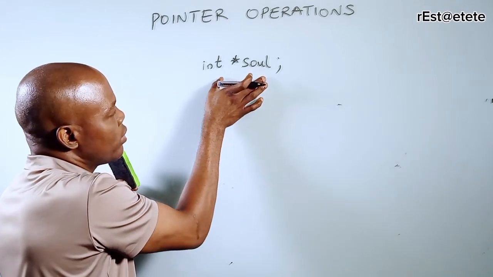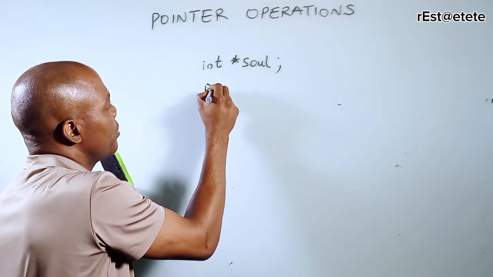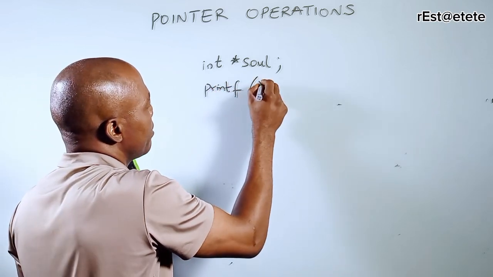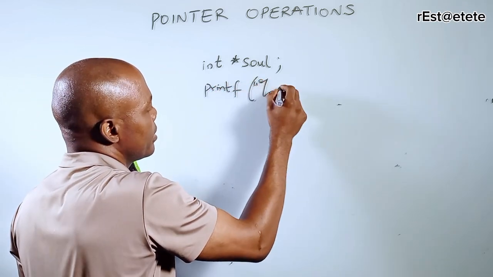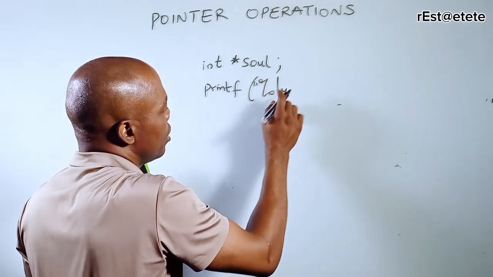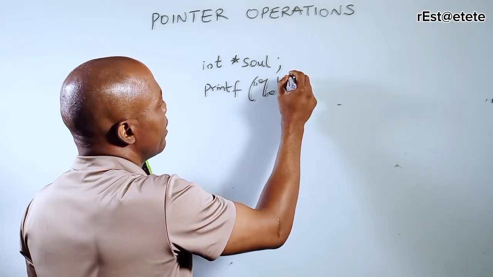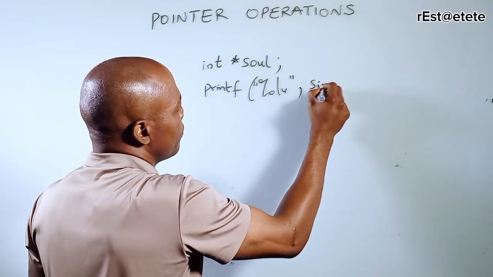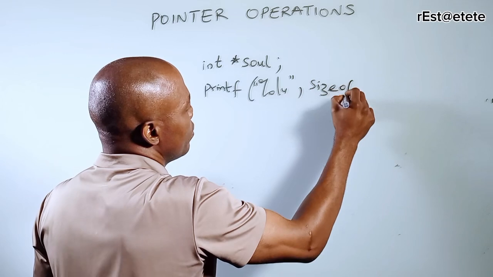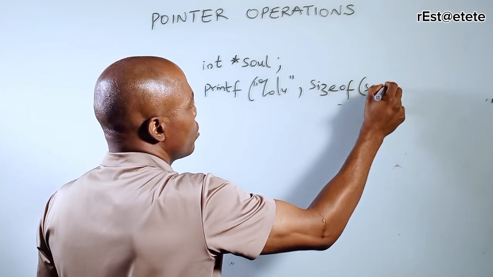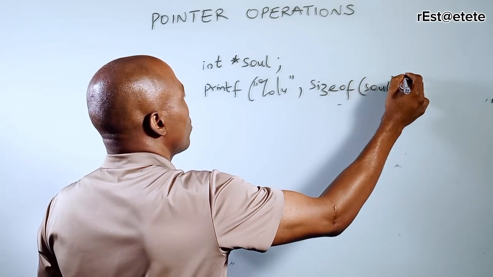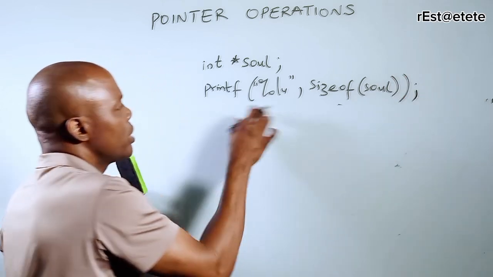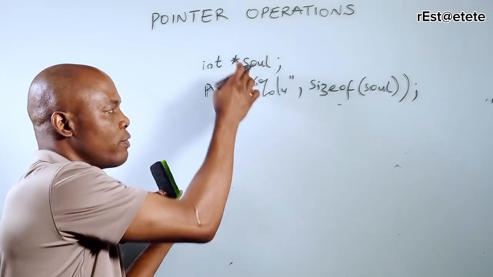If I want to find the size of this pointer, I will say printf, and then percentage lu, which is long unsigned integer. Then I will say sizeof sol. So with this one, I can find out the size of this sol.